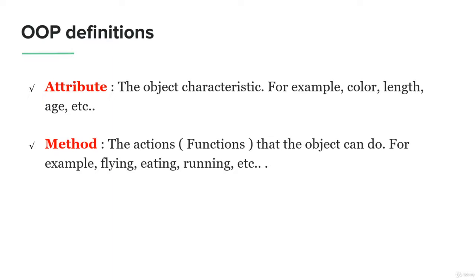For example, this specific object can fly, it can eat, it can run. So we have some functions, and now we are calling them methods, and we will see in a moment the difference between functions and methods. But for now, we will call them methods. So the methods are basically flying, eating, running, and so on. And we will see when we go to the code how we can create attributes, methods, classes, objects, and everything.